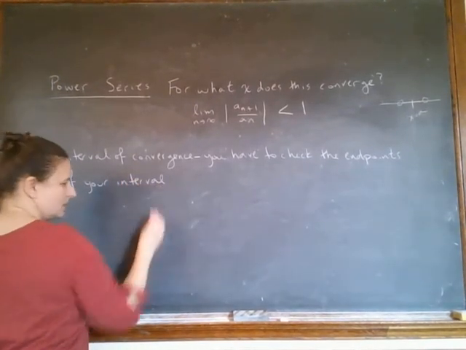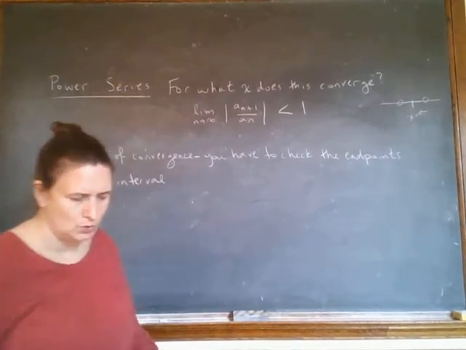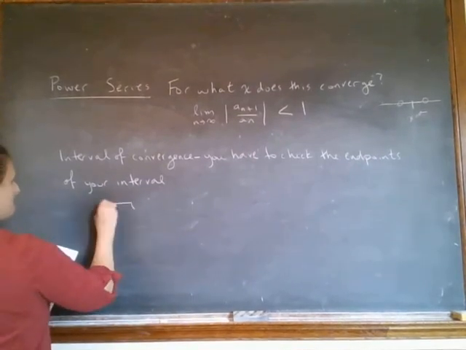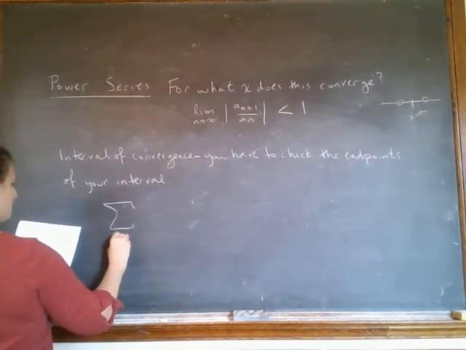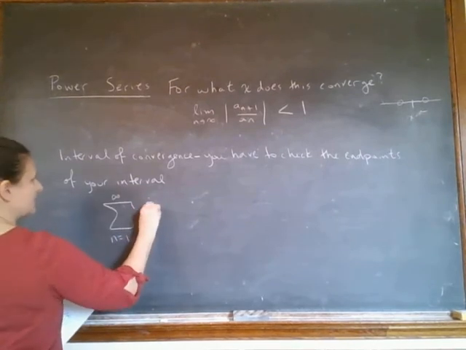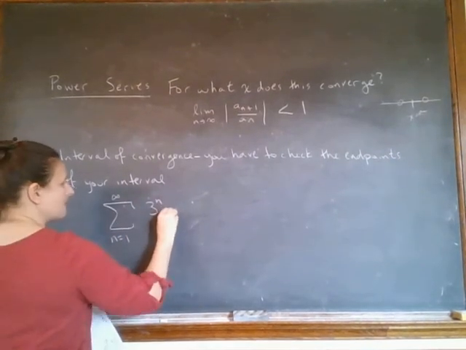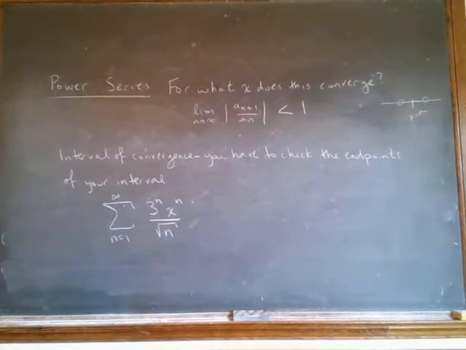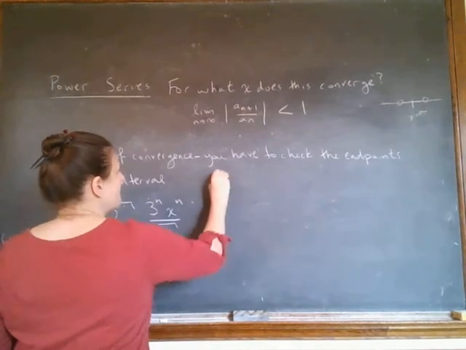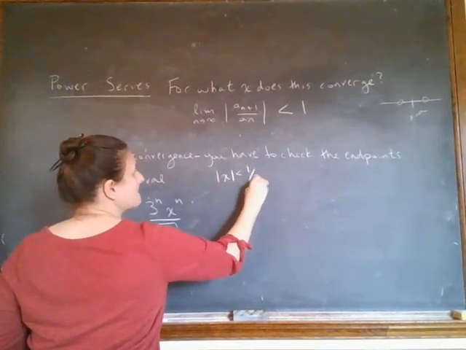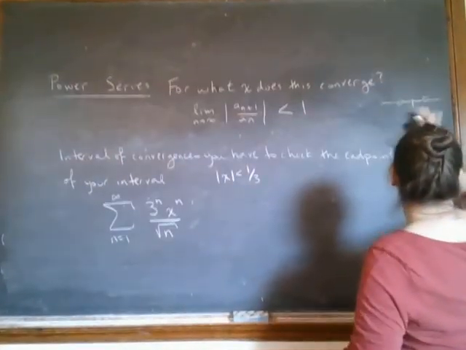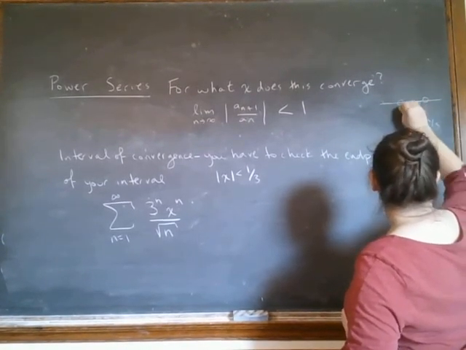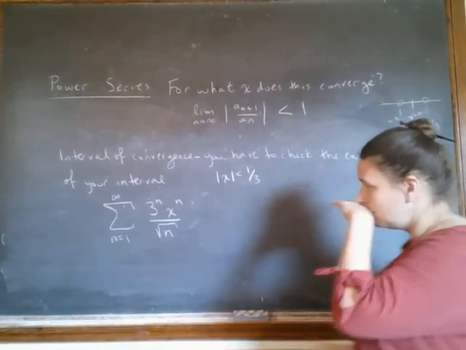So let's go back to problem one we had. We have this series, and we have found, back up to my picture, this was x equals 0, this is 1/3, and this is negative 1/3.